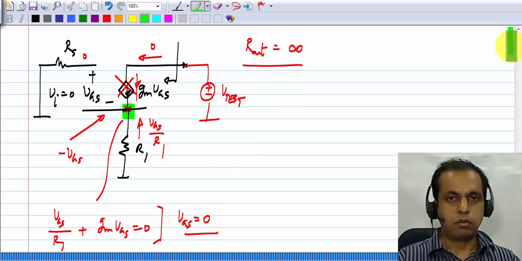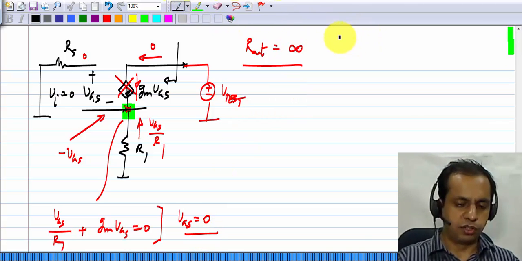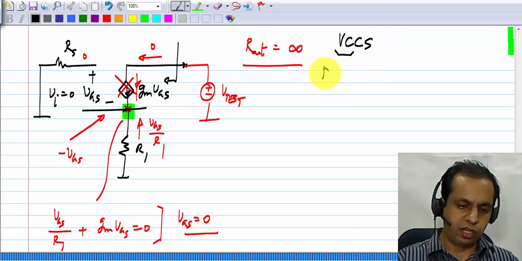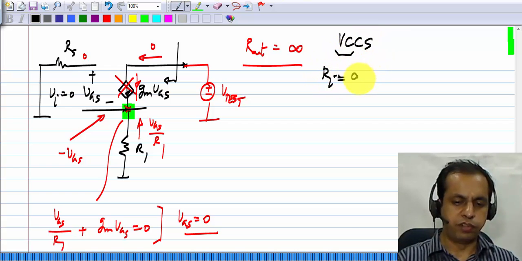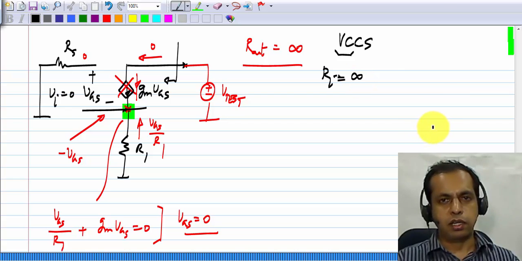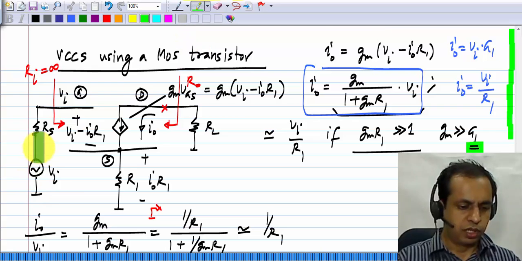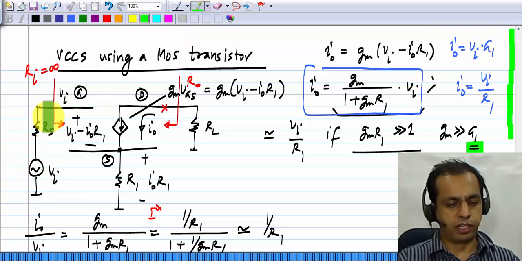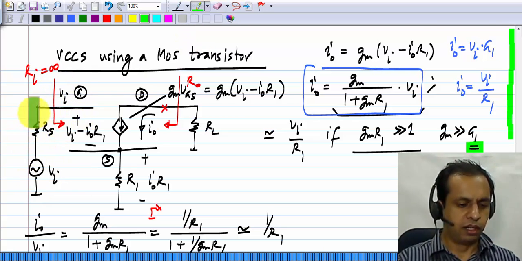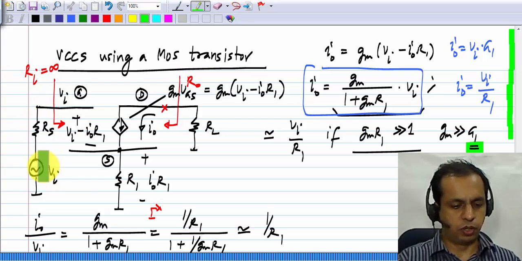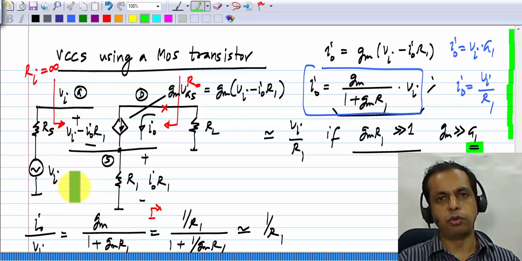Okay, what are the desired characteristics from a voltage controlled current source? Because it is voltage controlled, we would like Ri to be infinity, because then regardless of what kind of voltage source you use, however high the value of Rs is, if Ri is infinity, there is no voltage drop across Rs and all of this Vi appears across the input of the circuit.